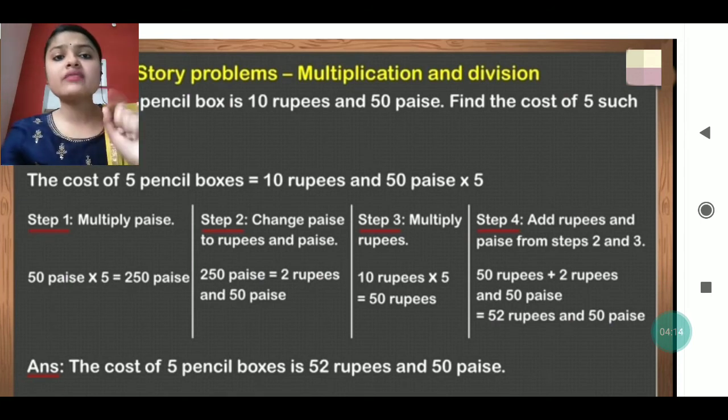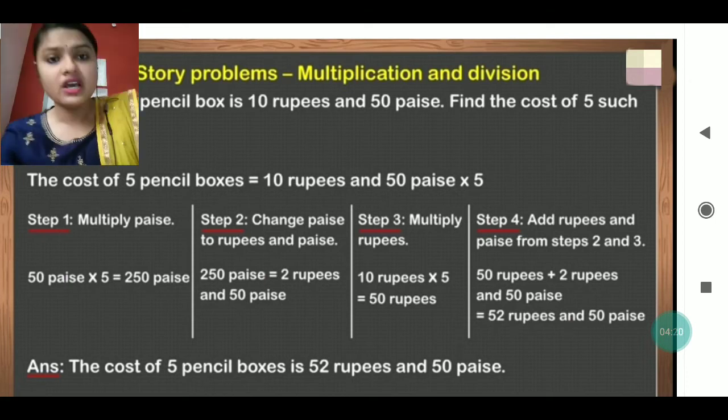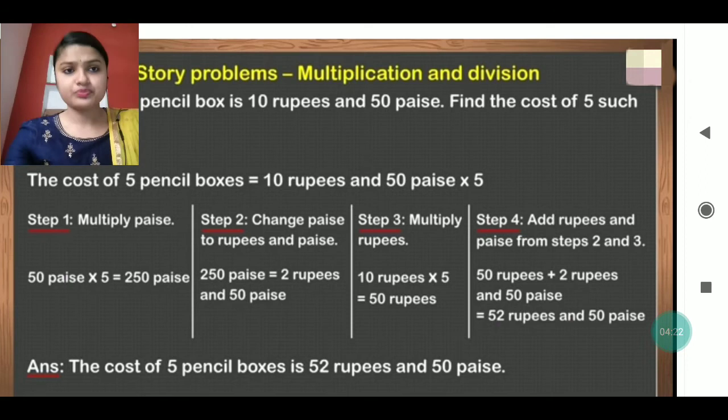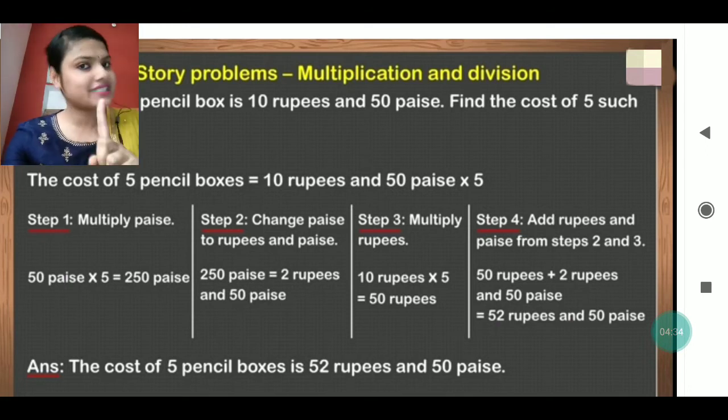So first we will multiply paise: 50 paise into 5. 5 into 0 is 0, and 5 into 5 is 25, so we have got 250 paise. That is the first step.